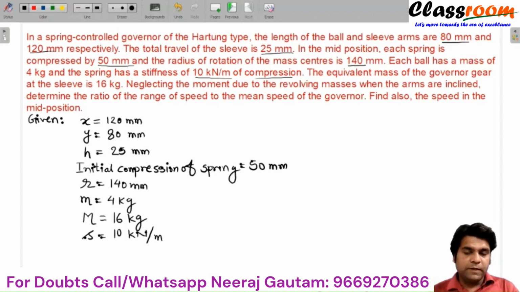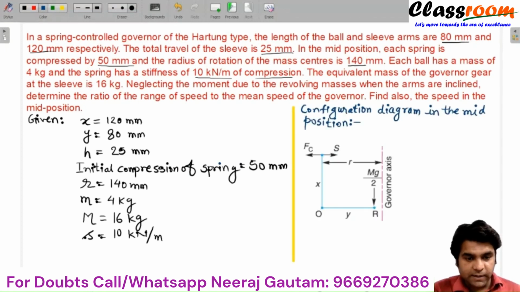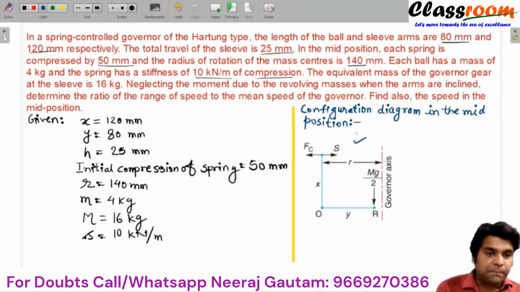Now, first of all, we will determine the mean speed of the governor, because the mean radius is given here and it is easy to determine the mean speed, that is, the speed of the governor when the balls are in their mid position or the sleeve is at the mid position. So in this figure, see the configuration of the system when the sleeve is in its mid position.